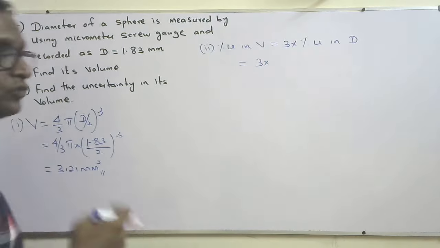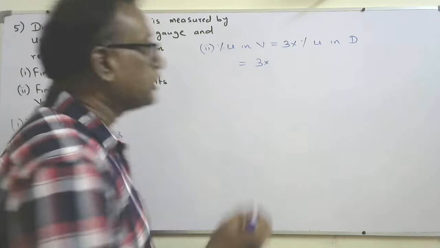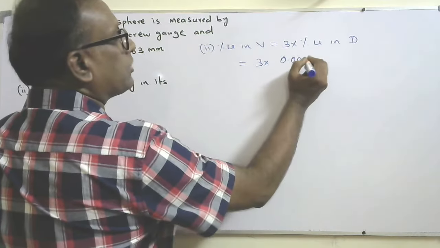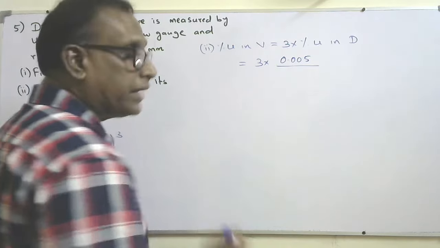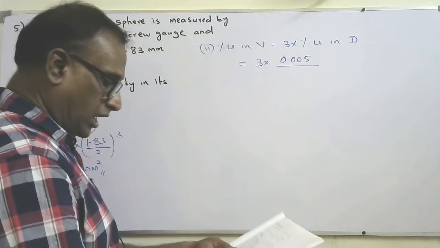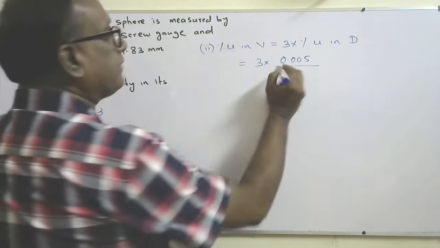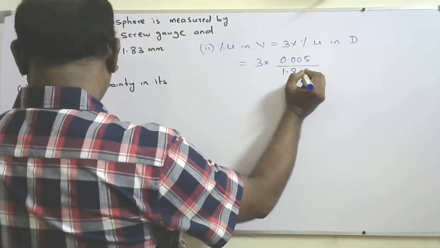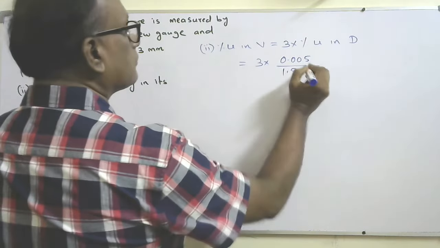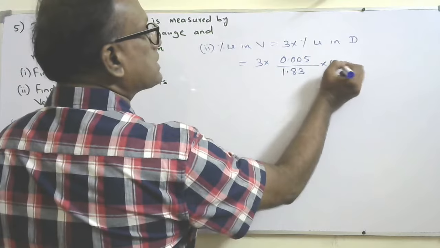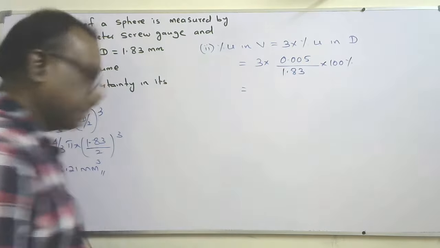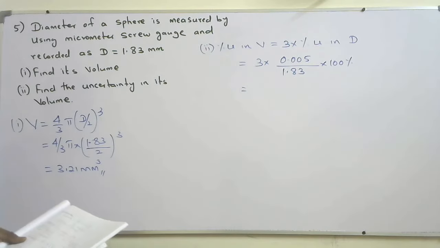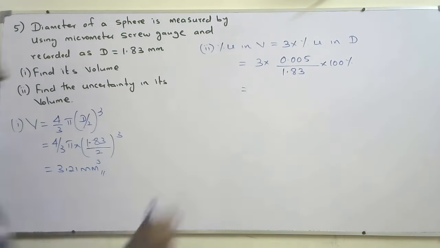The uncertainty in diameter, we used a micrometer screw gauge, so 0.005 millimeter divided by the measurement, 1.83, times 100%. Solve it and you will get the percentage uncertainty, that will be 0.82 percent.